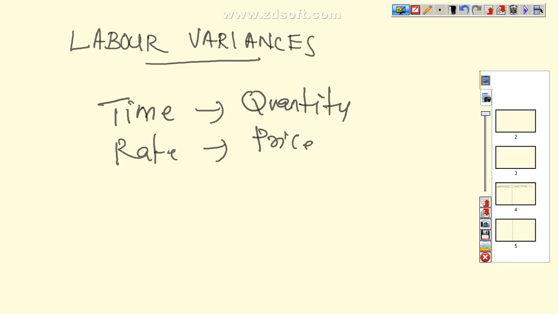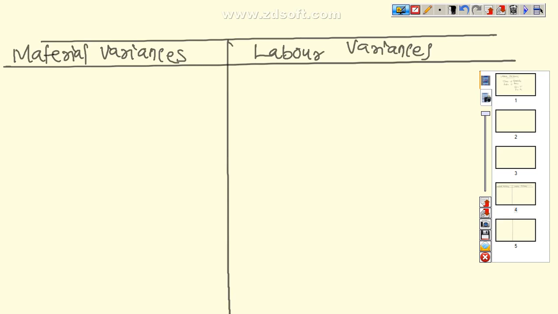So here we have to remember Q is equal to T and P is equal to R. Wherever it appears in the material variance, we can frame that. So one by one we will explain. Suppose these are the material variance and labor variance.